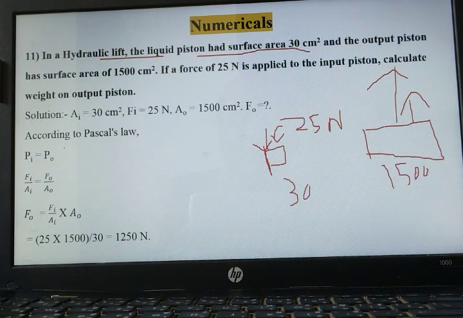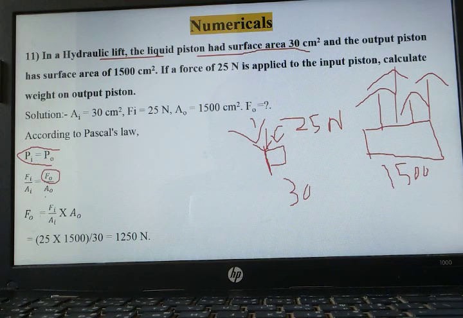We know now, according to Pascal's law, that whatever pressure has been given at the input, that amount of pressure is obtained at the output as well. So we will be getting the ratio Fi upon Ai, means force applied at the input upon area of the input, is equal to F0, force at the output, upon area of the output. We have to find out F0.